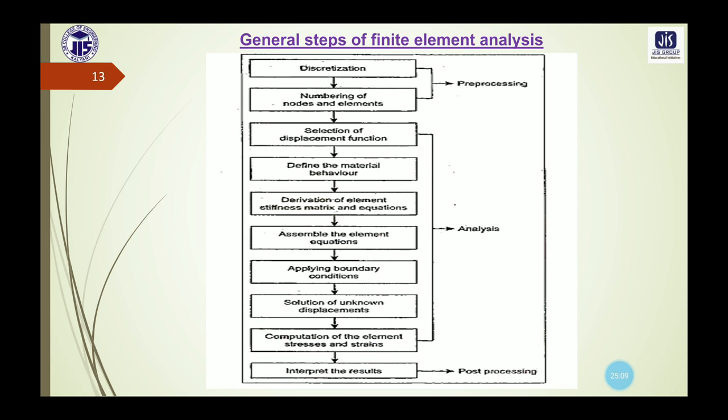Then under analysis, we have the selection of displacement function. Then the fourth step is to define the material behavior, then derivation of the element stiffness matrix and equations, then assembling the element equations, then applying boundary conditions, solution of unknown displacements, and computation of the element stresses and strains. Finally, in the post-processing step, we have the interpretation of the results.